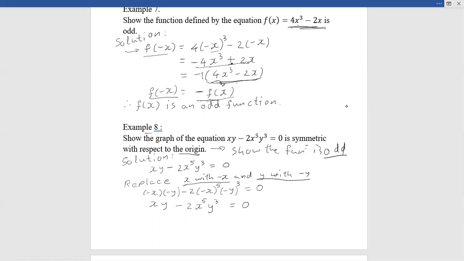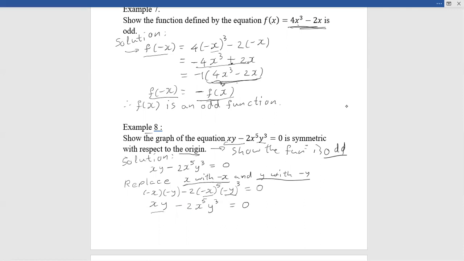When we substitute that in the given equation, xy becomes negative x times negative y, minus 2 times negative x to the power 5, y cubed is negative y to the power 3, equal to 0. Negative x times negative y is xy.